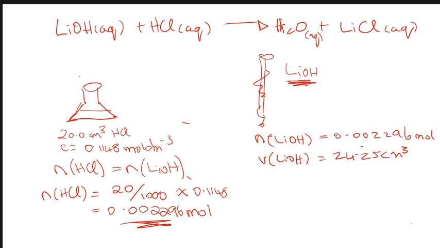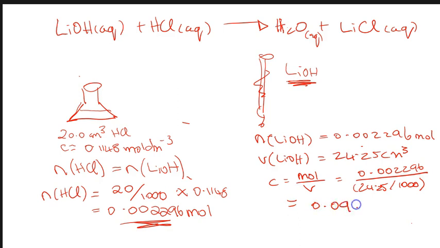So now I can work out the concentration of my lithium hydroxide, which is equal to mole divided by volume, in decimeters cubed. So I'm going to get 0.002296 divided by 24.25 divided by 1,000, which is going to give me 0.09468, and that will be moles per decimeter cubed.